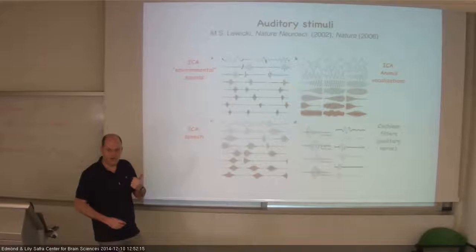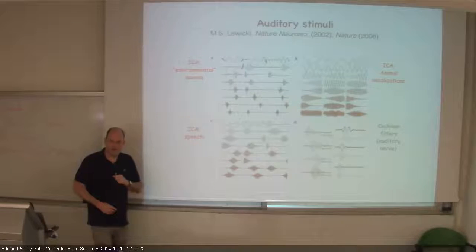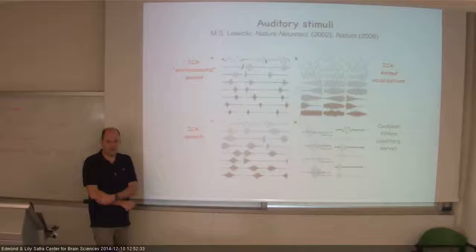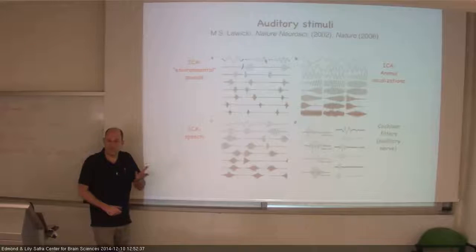Do you know why it's more elusive for odors? No. So the answer has to do with the statistics. For images especially, but to some extent also for auditory stimuli, we have a good notion of what natural statistics are.